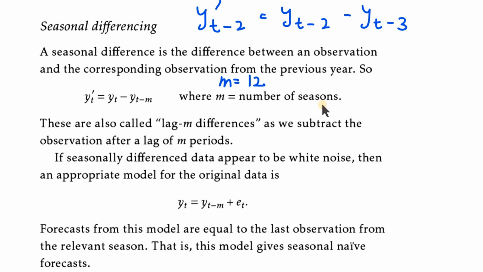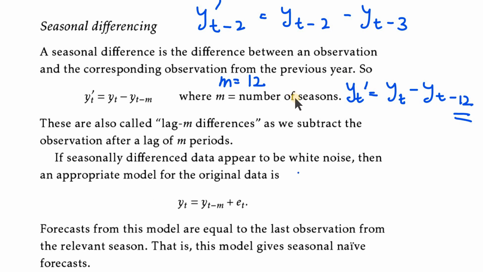If we difference one time at the seasonal lag, Yt prime equals Yt minus Yt-12. Instead of minus 1, now it is minus 12. So it is Yt minus Yt-m, and m depends on the seasonality.